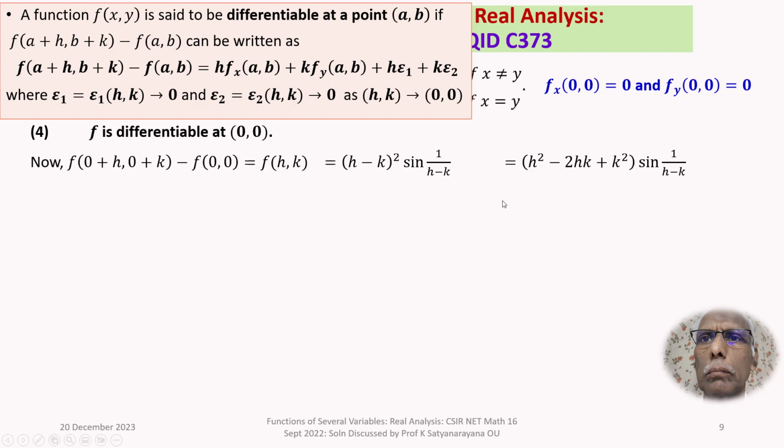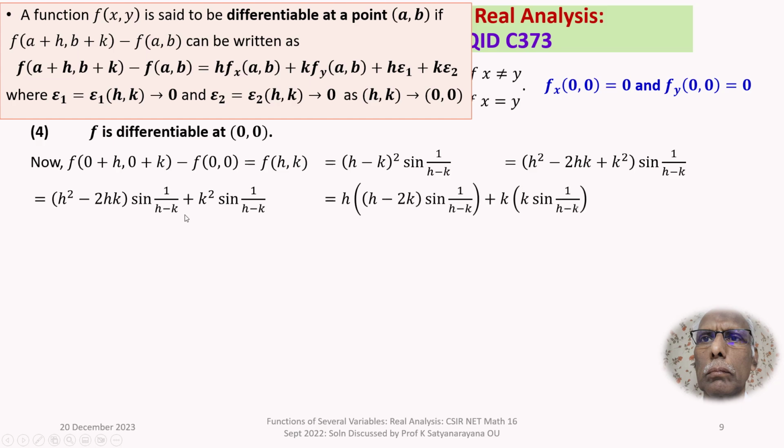That is equal to h square minus 2hk into sine of 1 by h minus k plus k square into sine of 1 by h minus k. We have separated, and the first part we have written as h, in brackets, h minus 2k multiplied by sine of 1 by h minus k, plus k, in brackets, k multiplied by sine of 1 by h minus k.